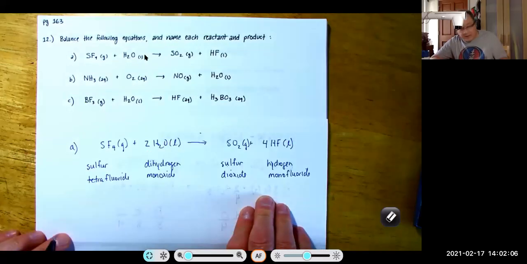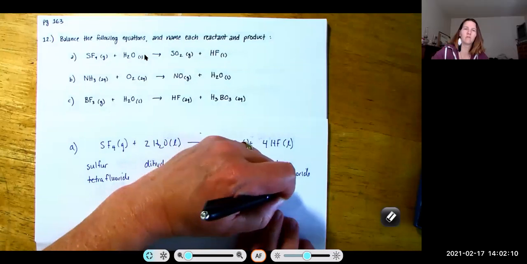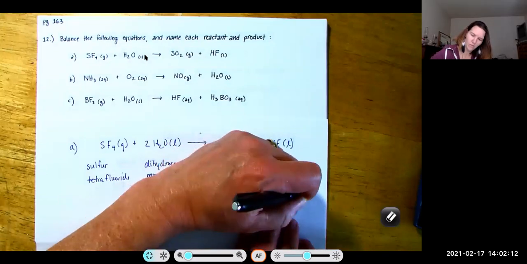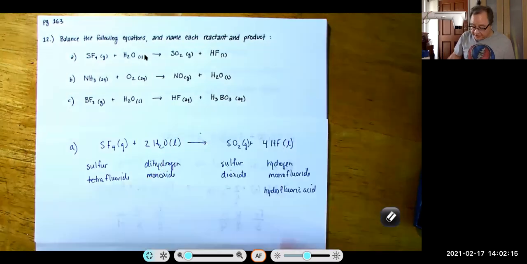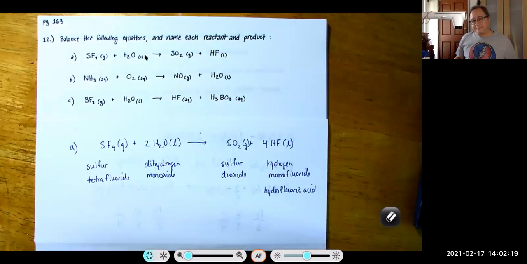Now this one has a common name. It's called hydrofluoric acid, which sounds like hydrochloric acid, which is similar to this, only it's HCl. Okay, that's A.